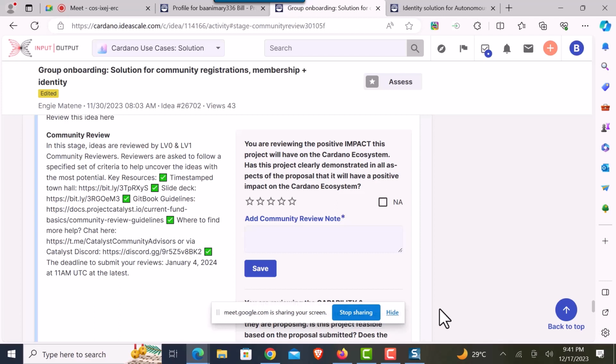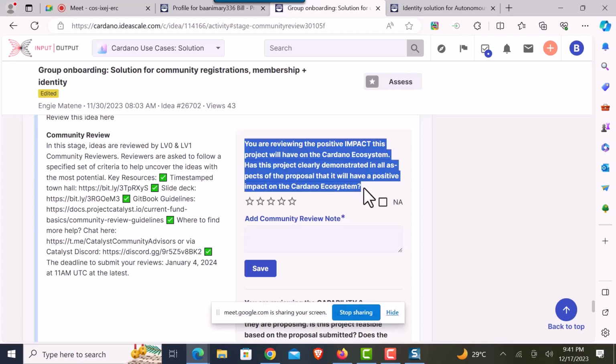Now the impact, as you can see, you are reviewing the positive impact this project will have on the Cardano ecosystem. Has this project clearly demonstrated in all aspects of the proposal that it will have a positive impact on the Cardano ecosystem?